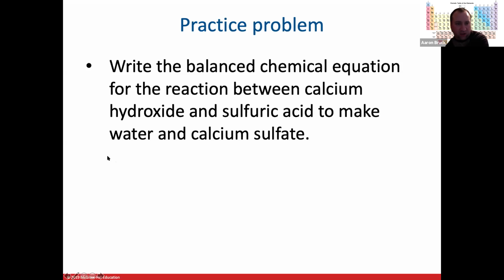So we've got calcium hydroxide, Ca(OH), taken twice, reacting with sulfuric acid, H2SO4, and the product of the reaction is water, H2O, and calcium sulfate, CaSO4.